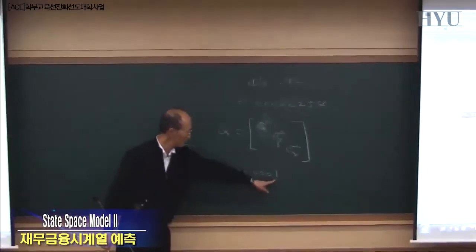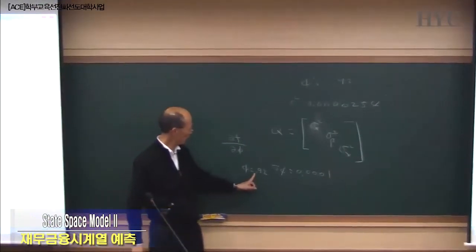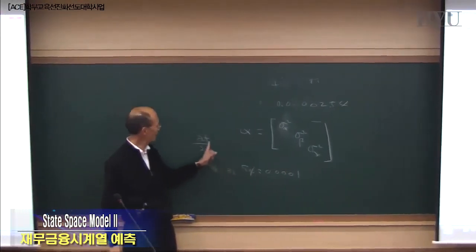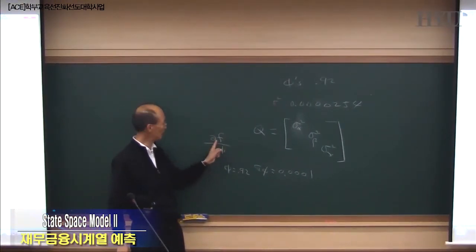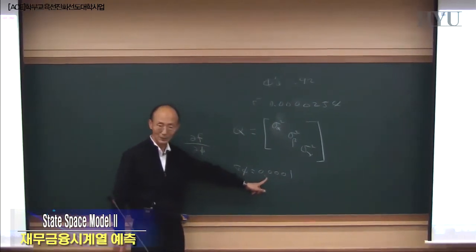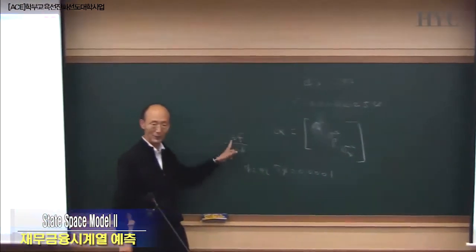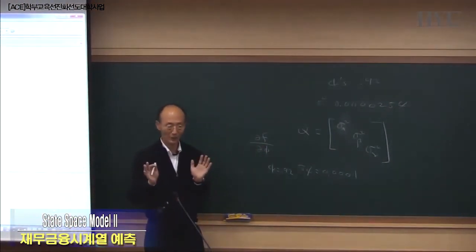So if this changes to 0.9201, we try to see the value of f at this number and the value of f at this plus that small change, and then compare, right? That's a numerical derivative.